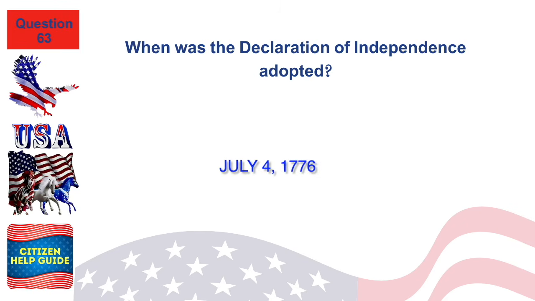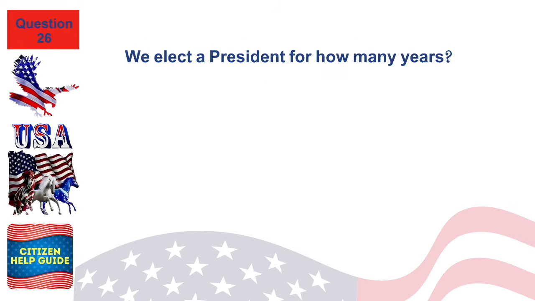July 4, 1776. We elect a president for how many years? 4.